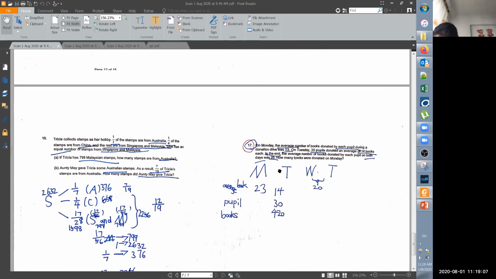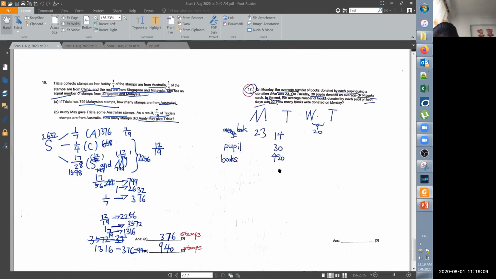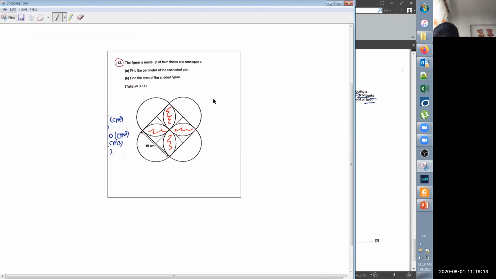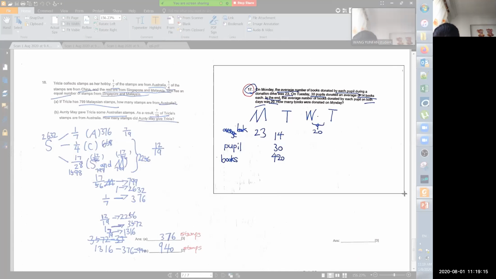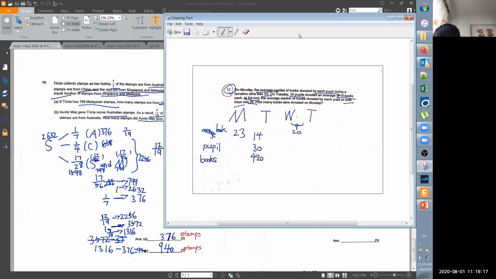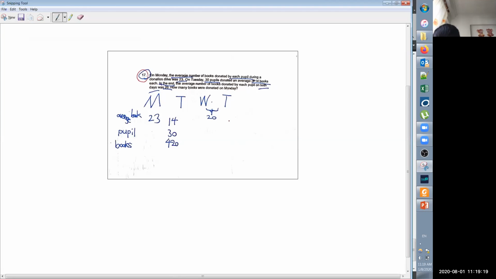Everything's okay. All right, 17. I thought this is pretty easy also. So it says on Monday the average number of books donated by each pupil during a donation drive was 23. So on Monday 23, very good.